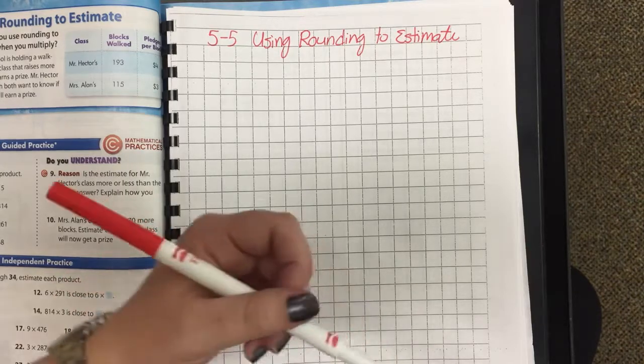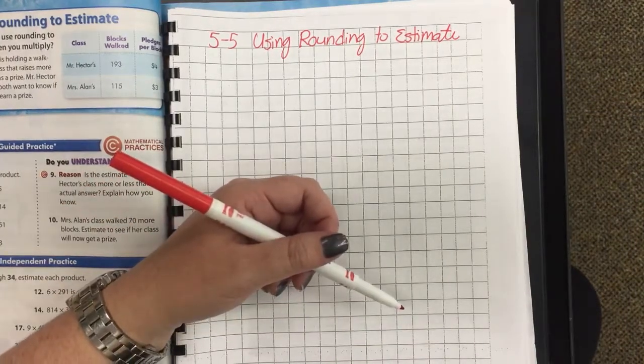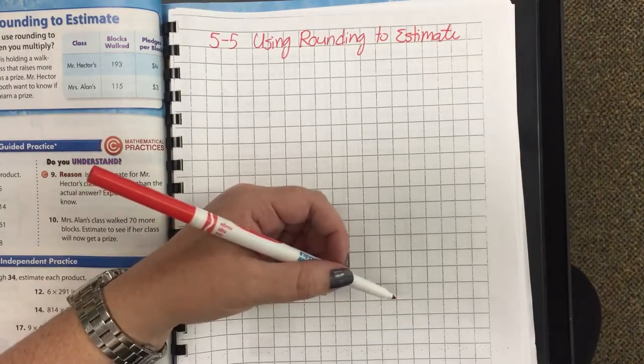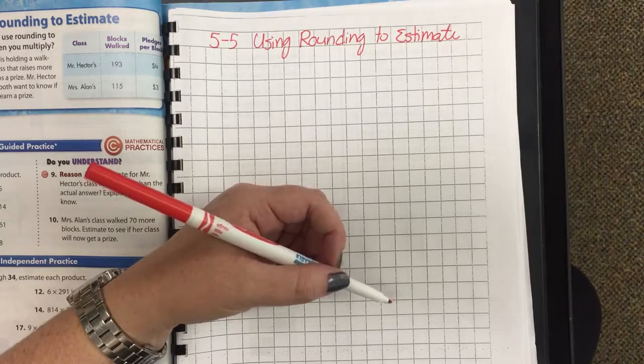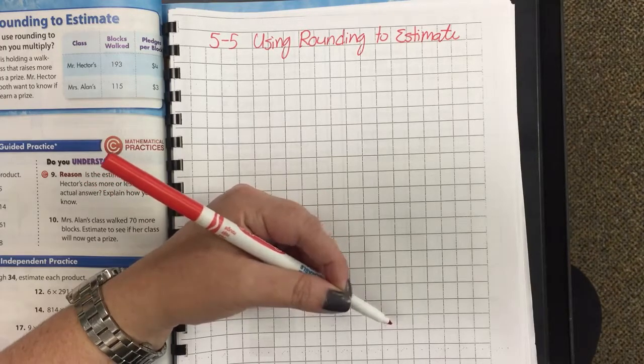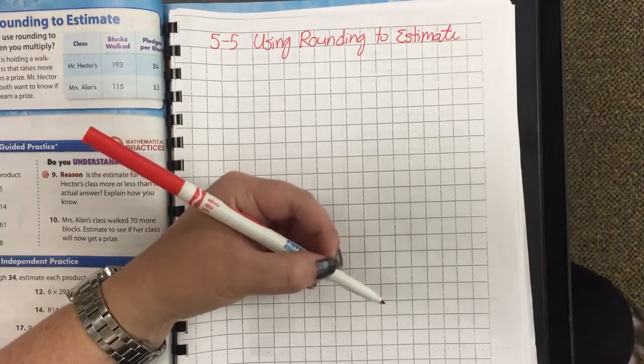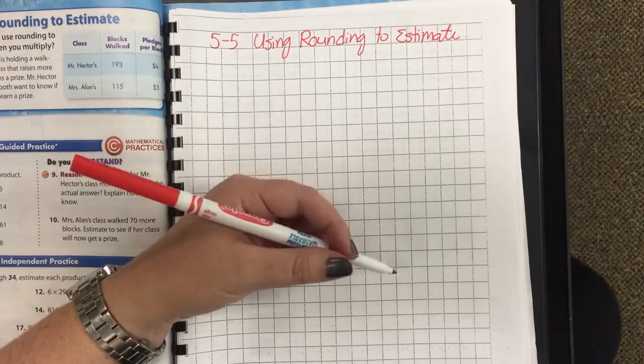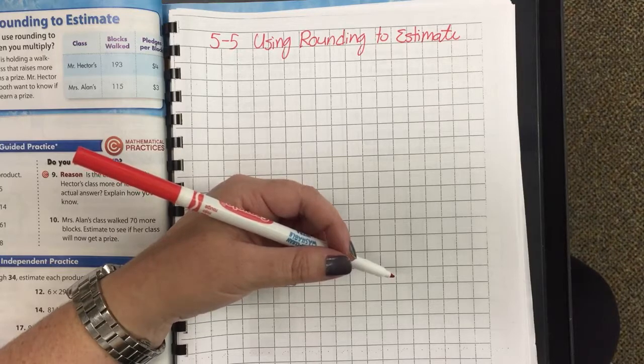But there are a lot of things where that's not important. If I were to ask you, how many pieces of candy did you get trick-or-treating? Are you going to say, I got 87 and a half because my dad ate one? No, you're probably not. You're going to say, I got about 100 pieces. I got about 50 pieces. Now, yes, I know, we all sat there and counted it. I did that as a kid, too.